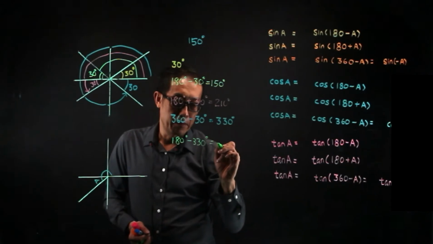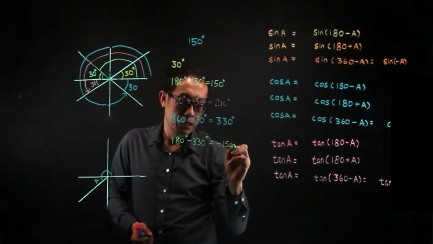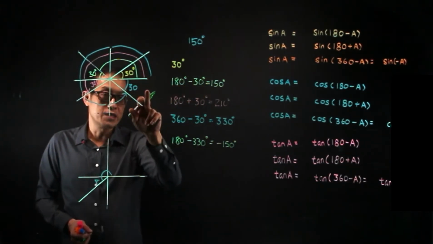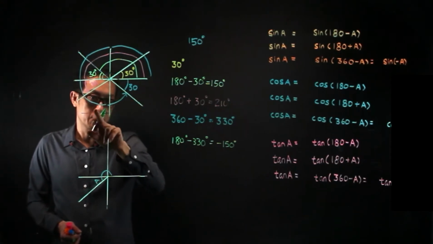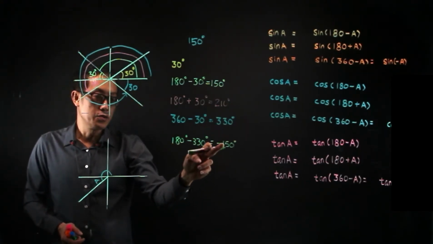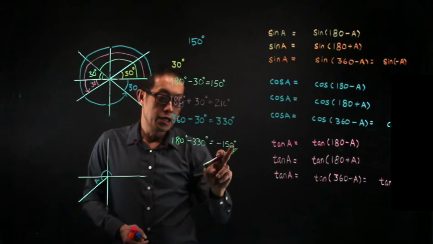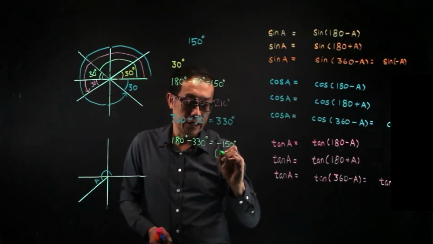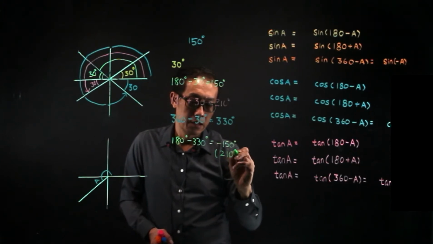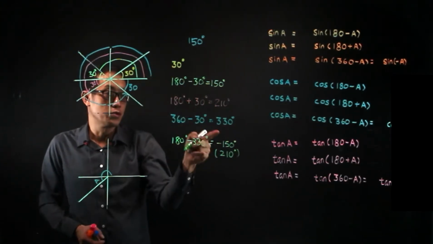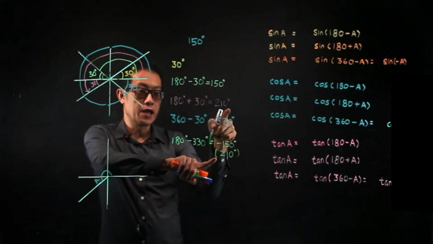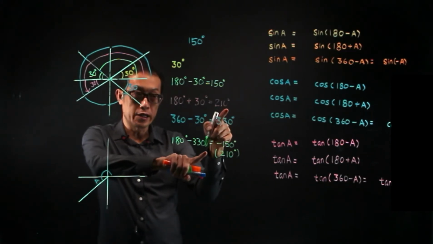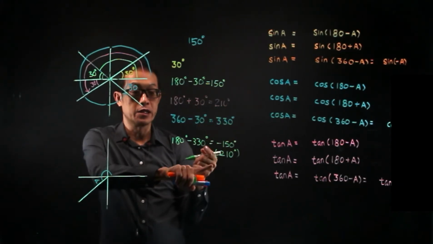For that, we get minus 150. Minus 150 is this direction. Then you add 360 to it, and you get 210. So you get an angle of 210, which also has the basic angle of 30.